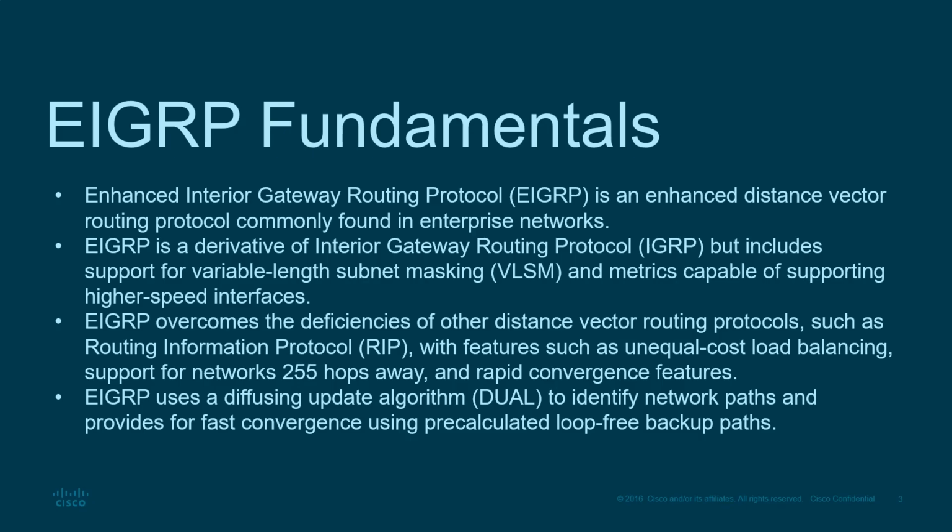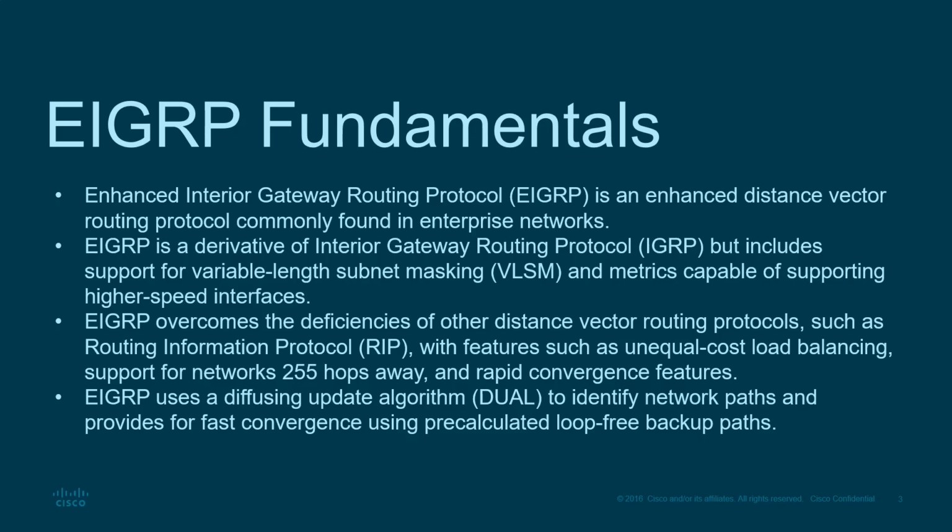So RIP is the original one, and you basically could travel 15 devices away. And with EIGRP, that goes up to 255, so basically does away with the hop limit. The benefit of this is it supports variable length subnetting, and you're able to adjust the balance for load balancing so that it doesn't have to be precisely equal.